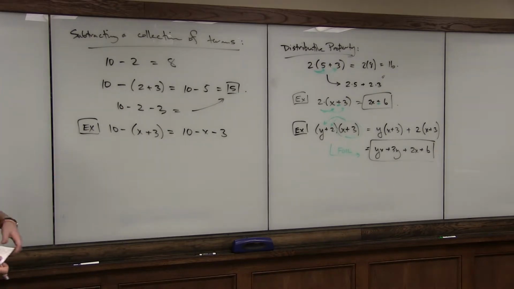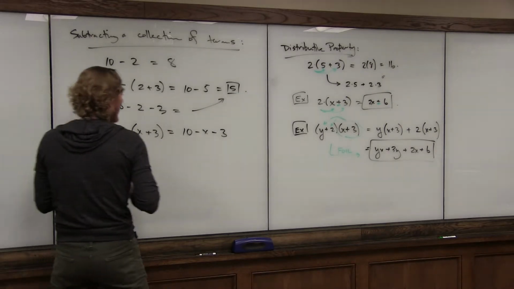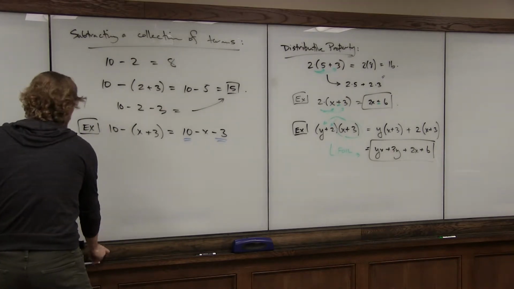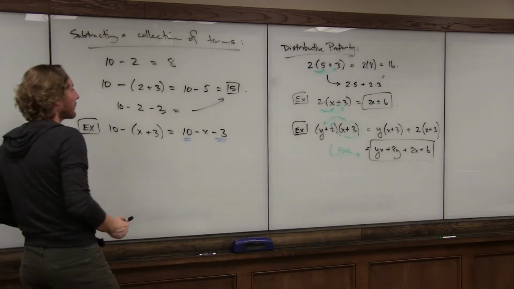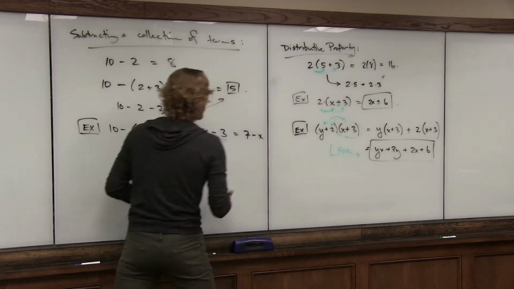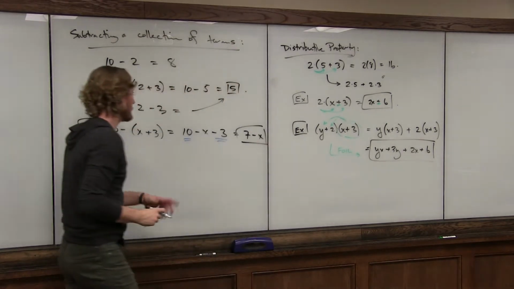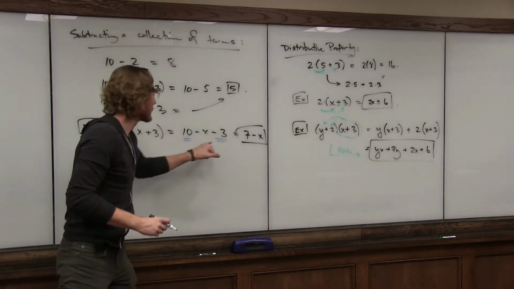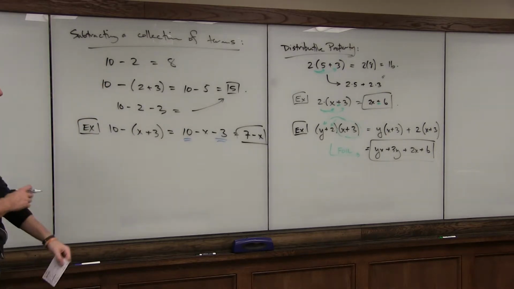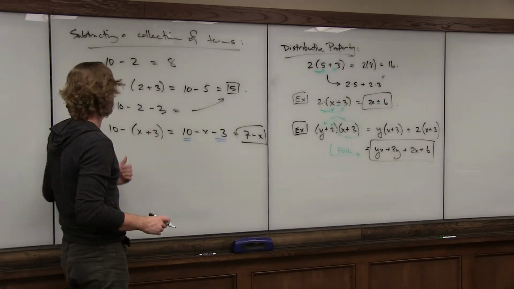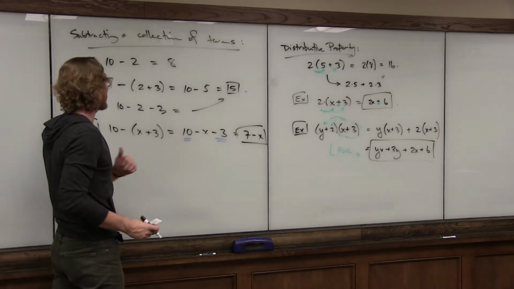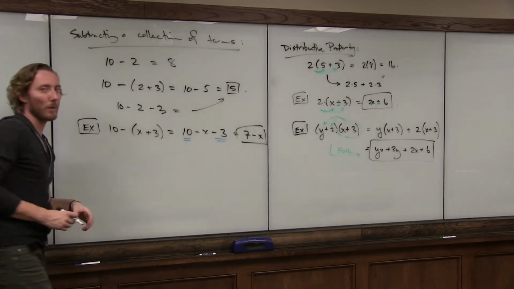Now you can see how that comes together, because we've got a 10 and a minus 3, which we can combine, since numbers can be combined with numbers to simplify, and we're going to get a 7, and the remaining thing being a minus x. So the positive 10 and the minus 3 combine to be positive 7, and the minus x is the remaining stray part of the expression. But ultimately, 10 minus (x plus 3) is like 7 minus x, because the 3 is being subtracted as well as the x.